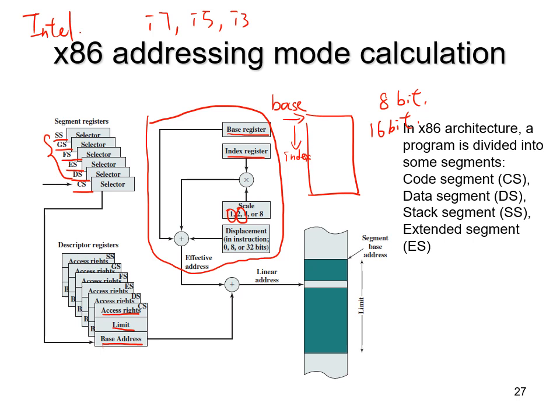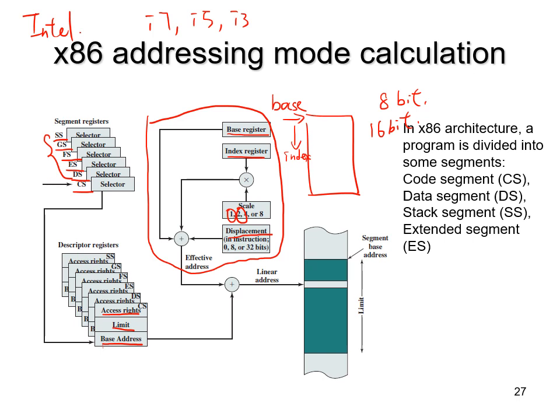Okay. Now together you may add a displacement so that you can shift the memory to a further location. Then all of them are added together to calculate the effective address. Together with the base address given by the segment, you then have the linear address that can be accessed in the main memory.